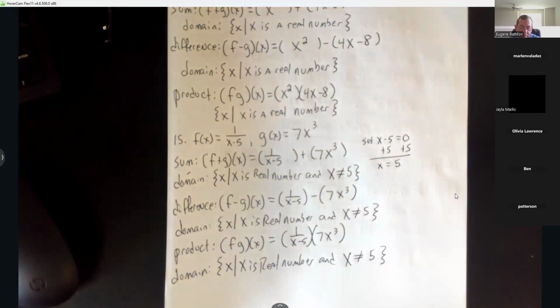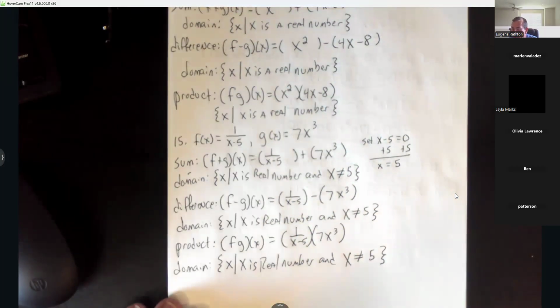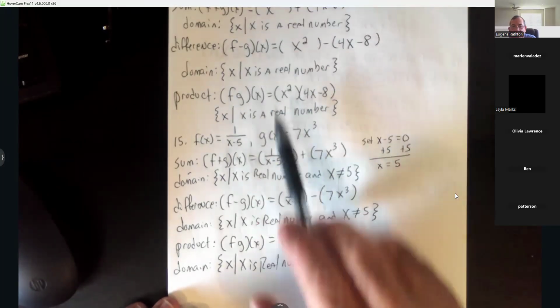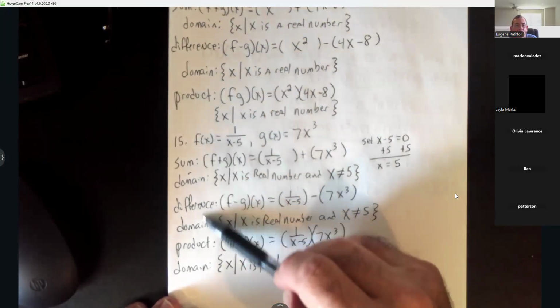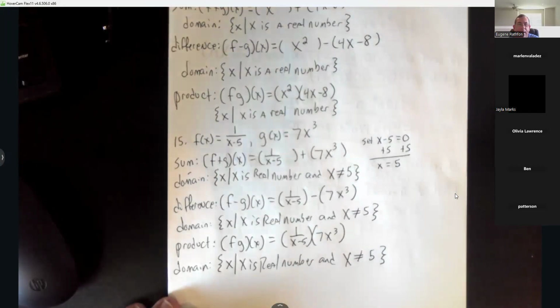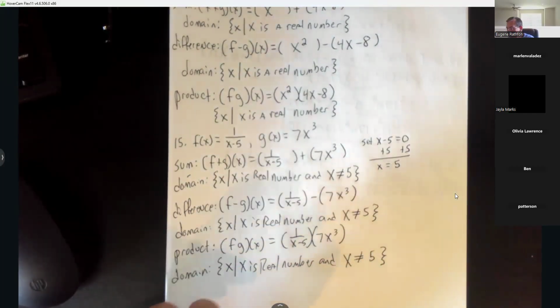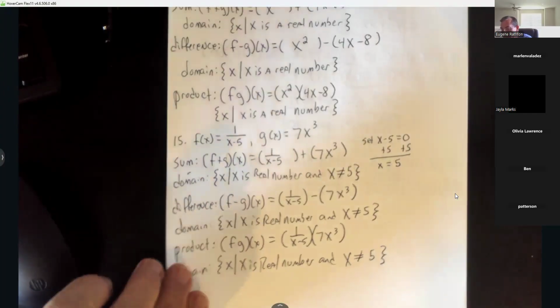All right, y'all. So you notice they left out division, but we're going to get division right now, okay? But I just wanted y'all to see that on 14 and 15, all three of those operations have the same domain, okay? All right, so let's try this last problem.